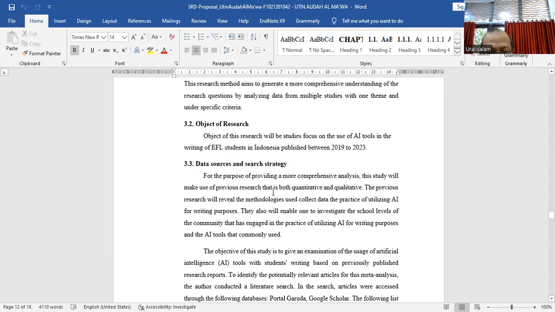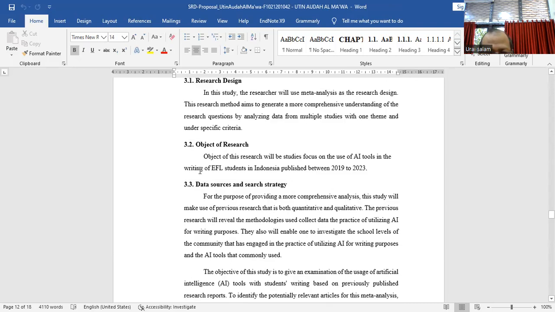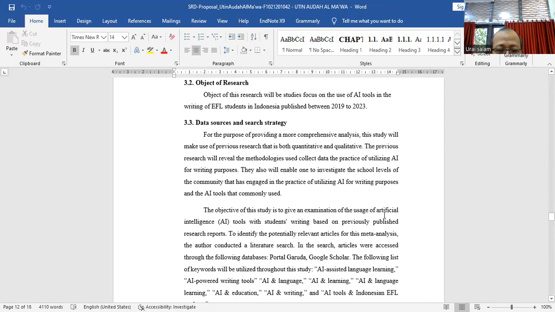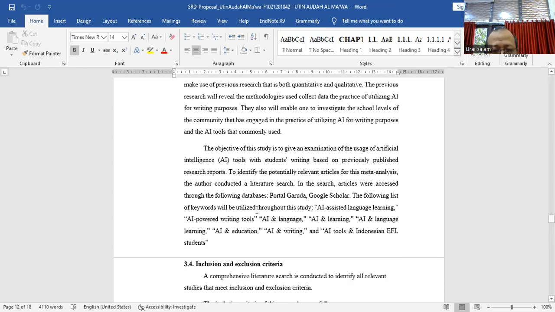Now, what I mean here is the coverage of your research, the keywords. The first keyword that I mean is really what you want to find out in your research. Meanwhile, the keyword that you present here is the searching strategy.